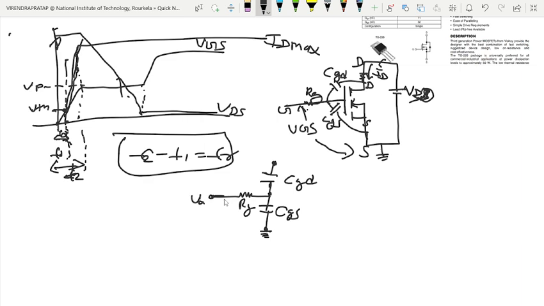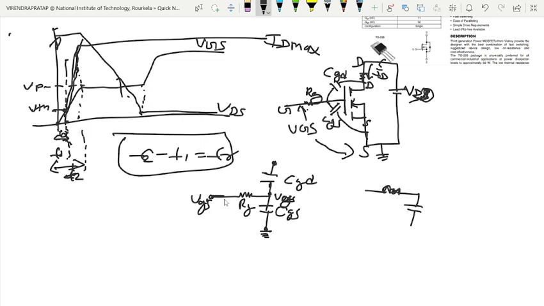Here I am considering VG, VGS. We know very well the RC circuit. Basically, this is an RC circuit.